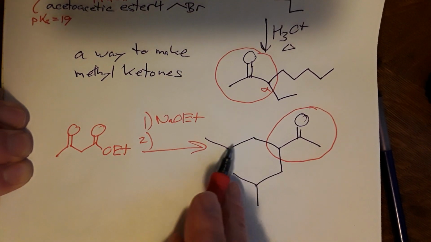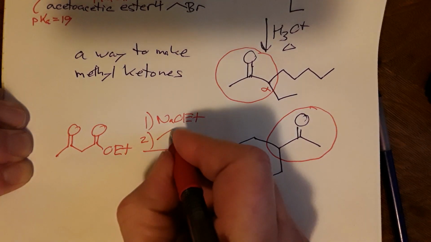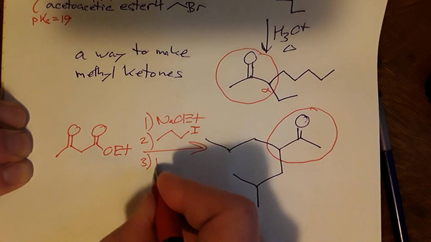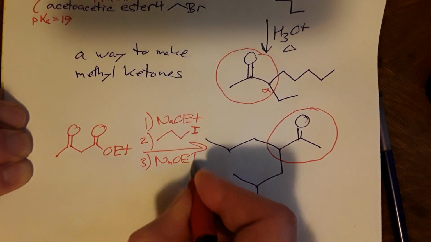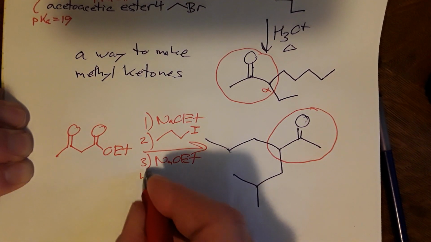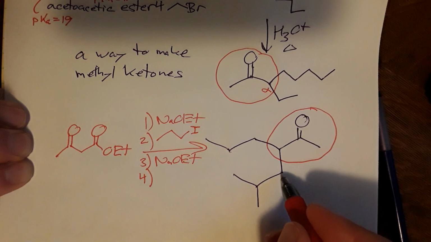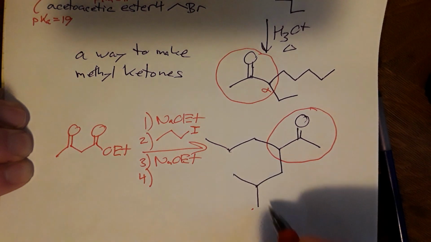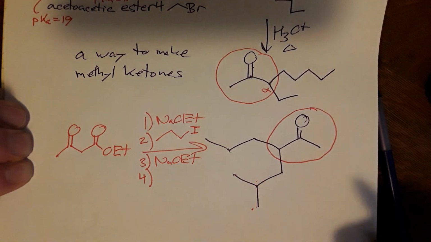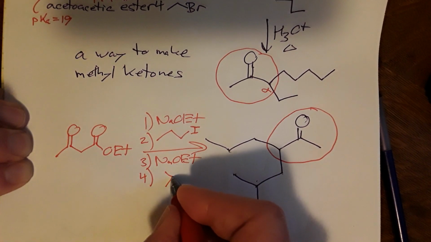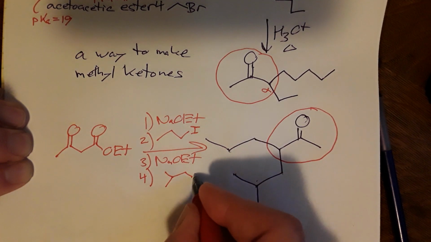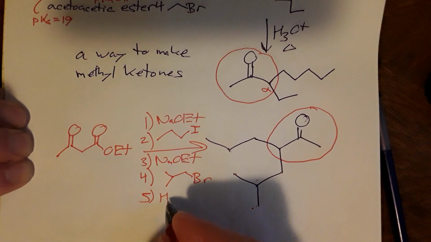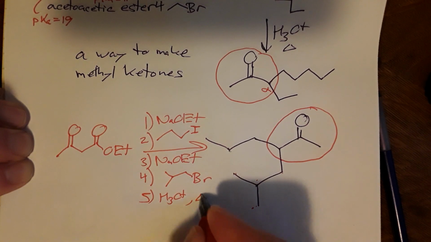Let's pick this one, 1, 2, 3 carbon chain, with a leaving group on there. Add another mole of sodium ethoxide, and add our second alkyl chain, which is a 1, 2, 3, 4 carbons, so it's an isobutyl group. And then the last step is, of course, H3O and heat.